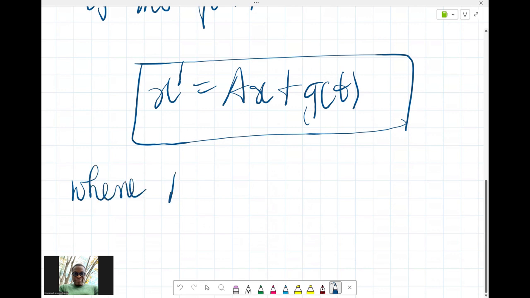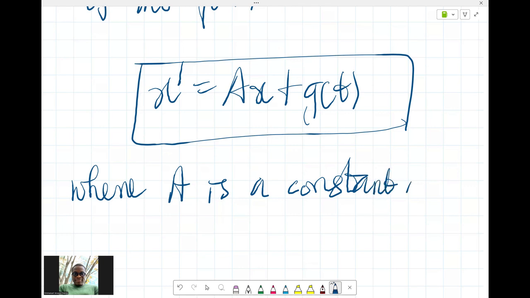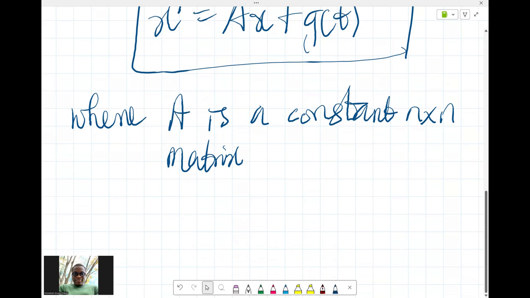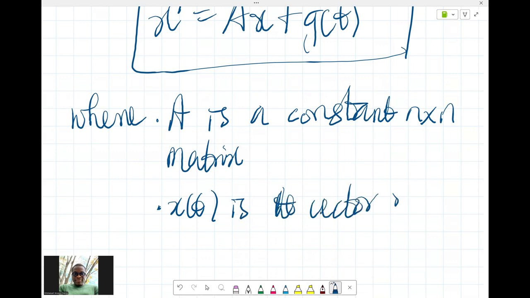We already know that A is a constant n by n matrix, especially when we need to find the eigenvalues and eigenvectors. So it has to be a square matrix. Then x of t is the vector of unknown functions, so it means you are looking for the x's.